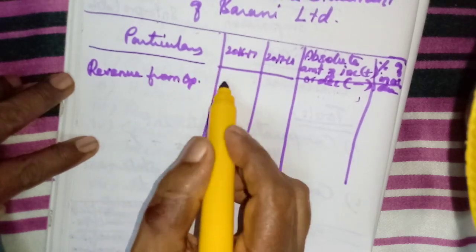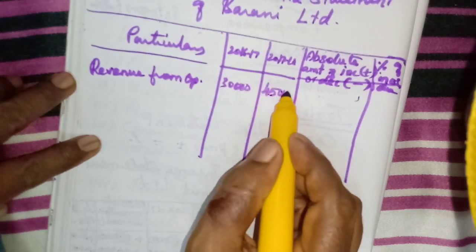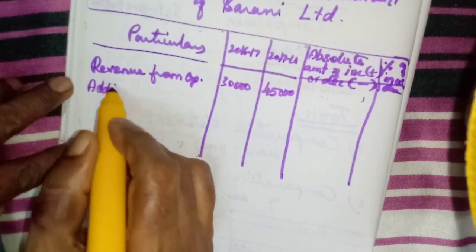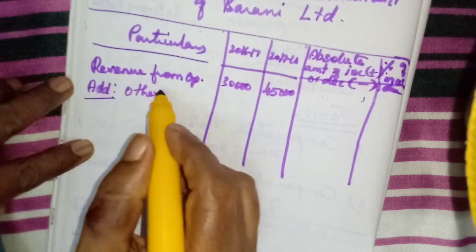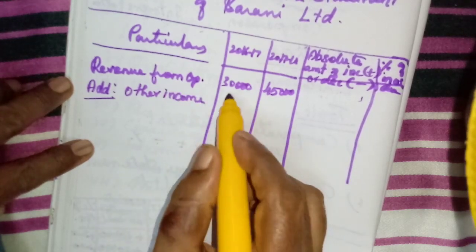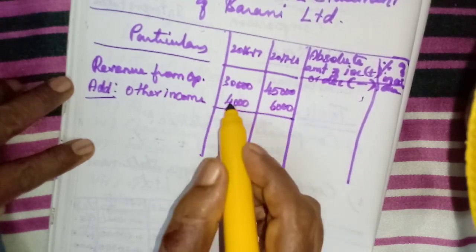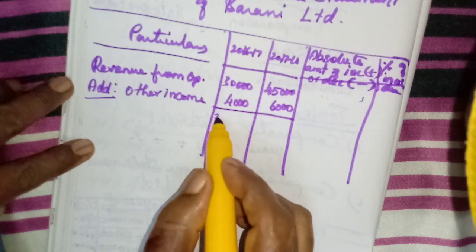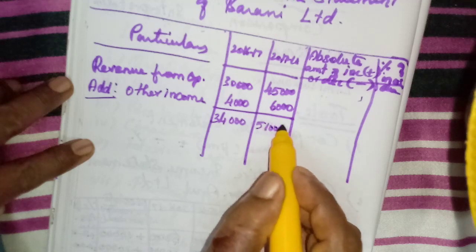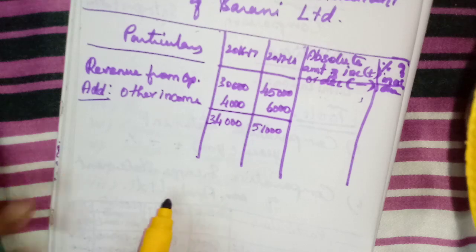First one, revenue from operation: 30,000, 45,000. Then add other income: 4,000, 6,000. Add and write 34,000 and 51,000.